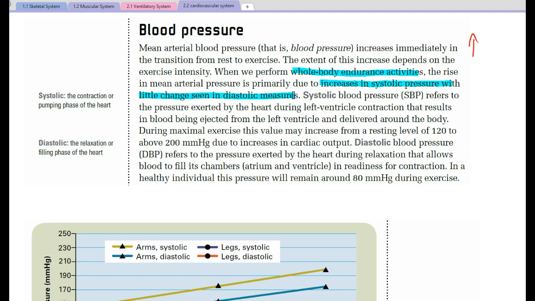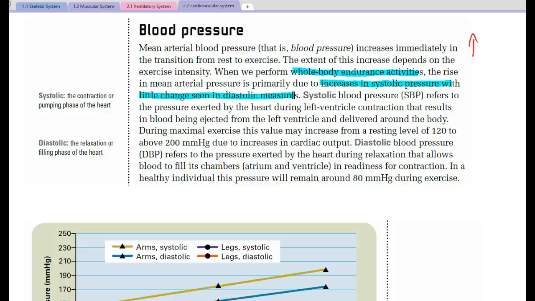So again, just going into a brief definition, systolic refers to pressure during ventricular contraction, and diastolic with ventricular relaxation.